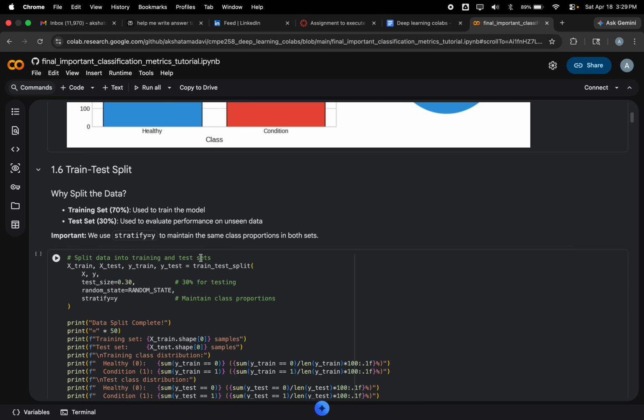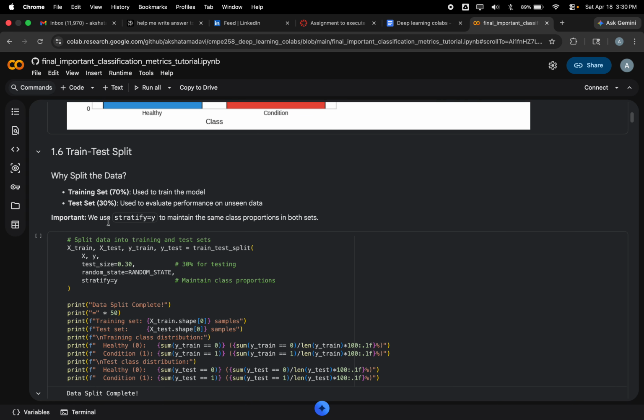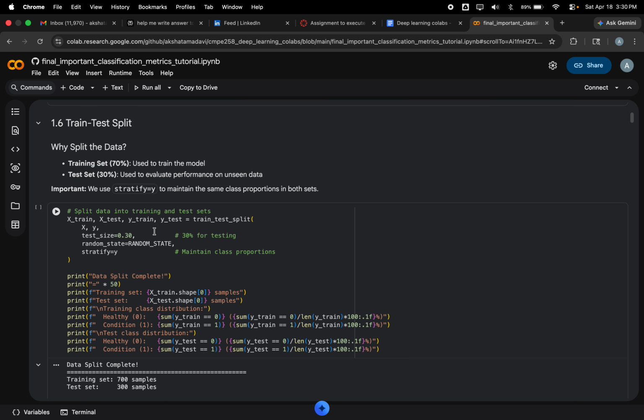Then the first step is to split the data into test and training data. For training we will use 70% of the data. For testing we'll use 30% of the data, and we are stratifying the data based on the output, because we want the same class distribution in both the training and testing set.